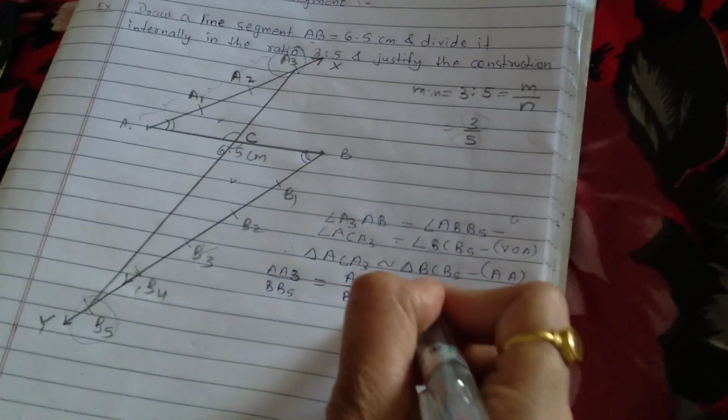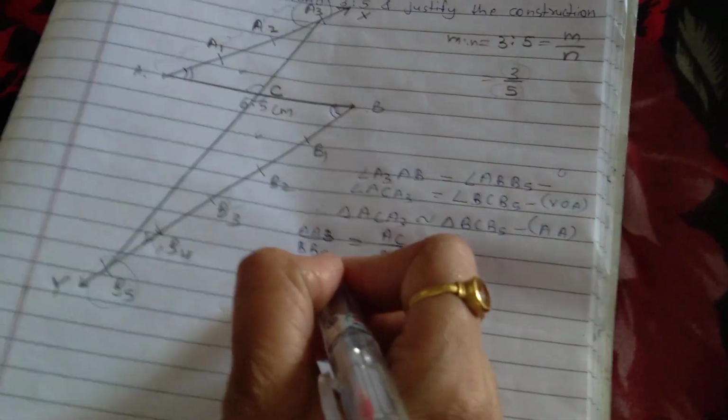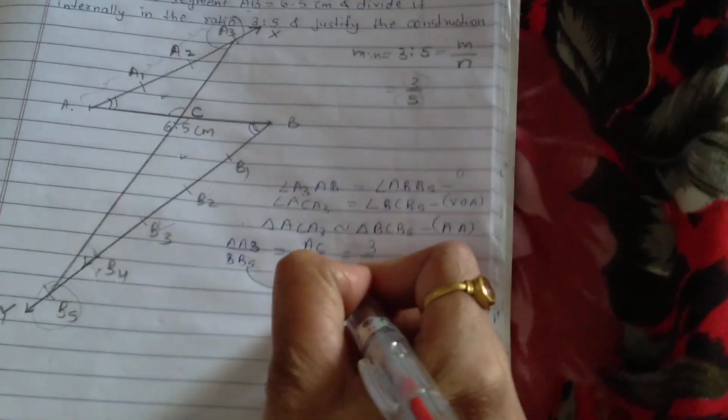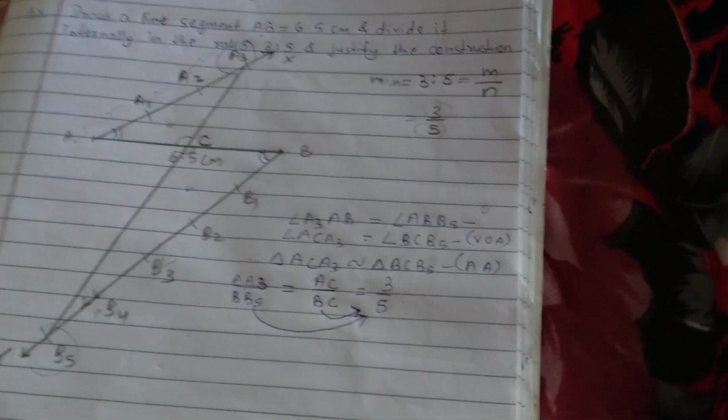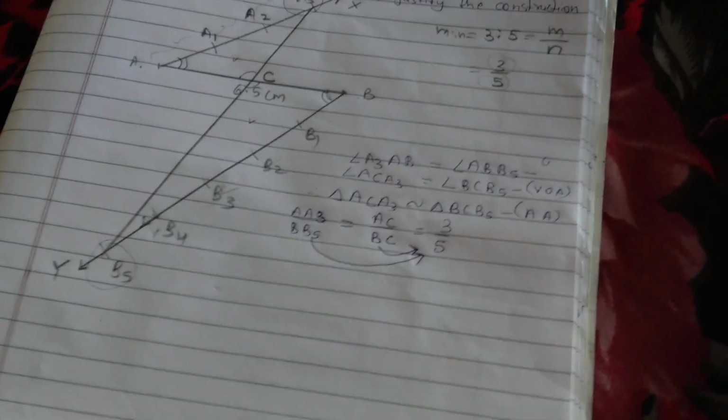So I will write here 3, and when you see BB5, there are 5 parts. So 3 by 5. So AA3 upon BB5 is equal to 3 by 5. Therefore, AC upon BC is also equal to 3 by 5. Hence, we have justified our construction.